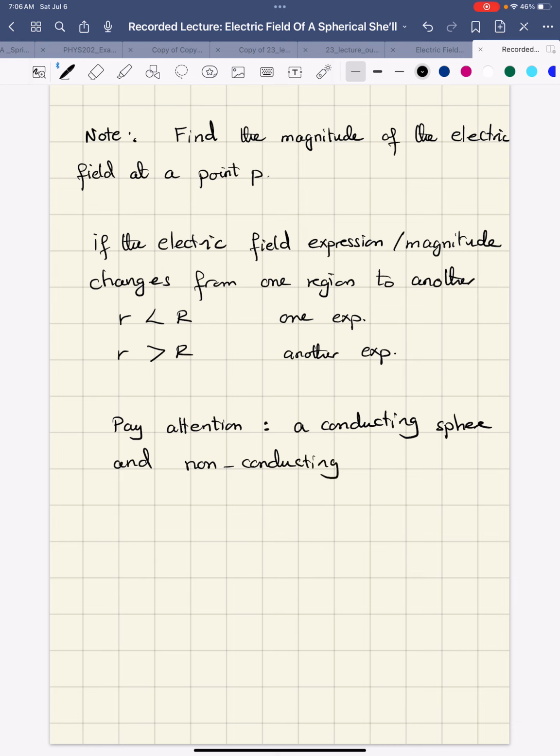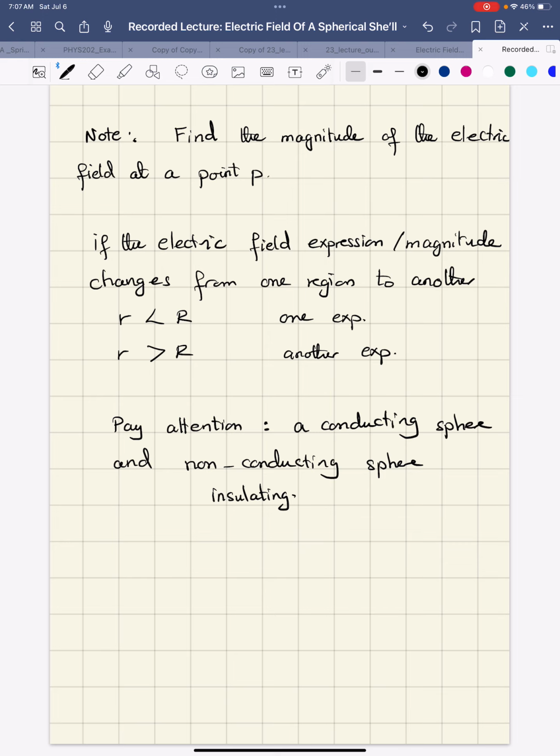Non-conducting is also sometimes called insulating. For conducting, of course, you know that there will be no charge inside, and the charge is concentrated at the surface. Versus a non-conducting or insulating sphere, where the charge can be uniformly distributed throughout the whole volume.